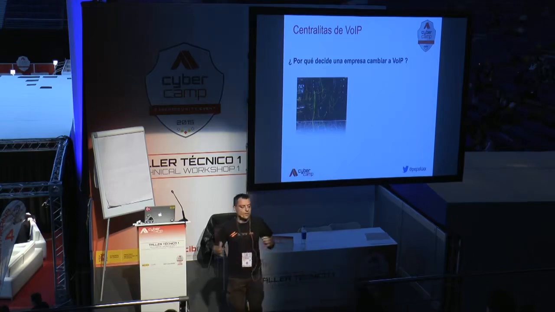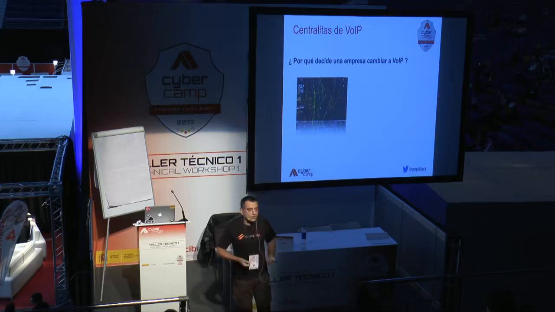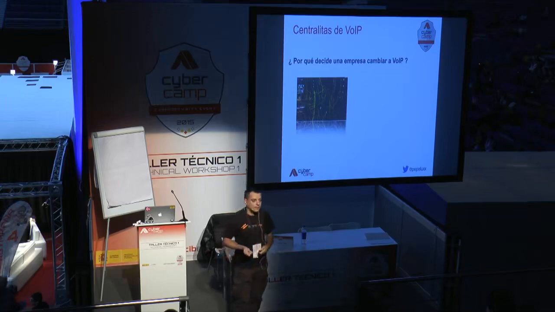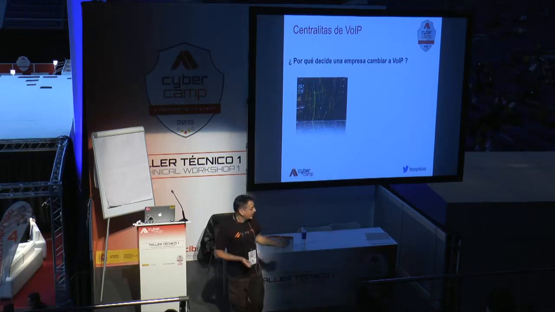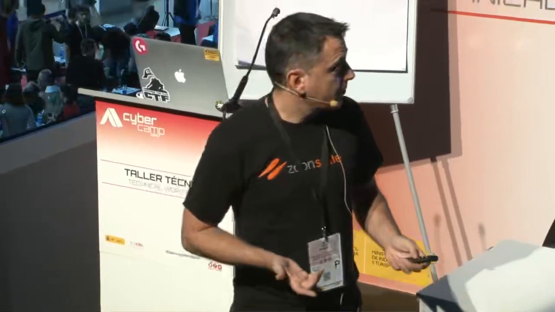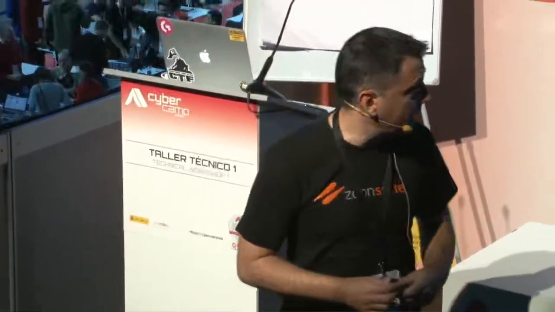So picture a company that is growing, has an analog call center that cost them a ton back in the day, and we want to plug in a few more devices. Each phone needs to be physically connected through a wire to this call center. And there's a time where no more connections are possible, so you need to get an estimate, change the call center, and that's the phase where the boss gets the estimate, so he goes for something a bit more cost effective.